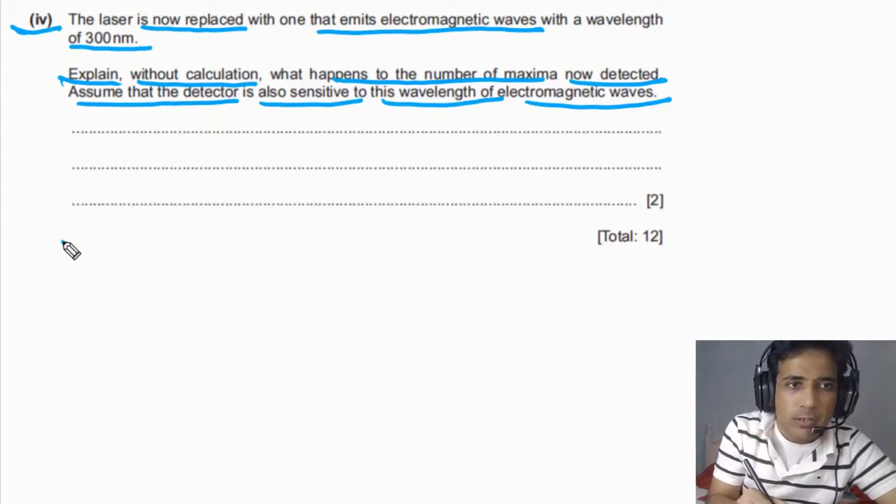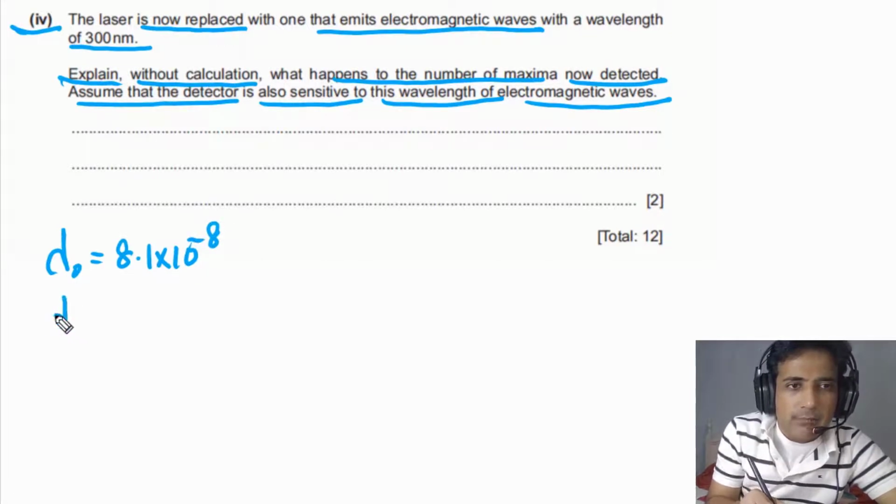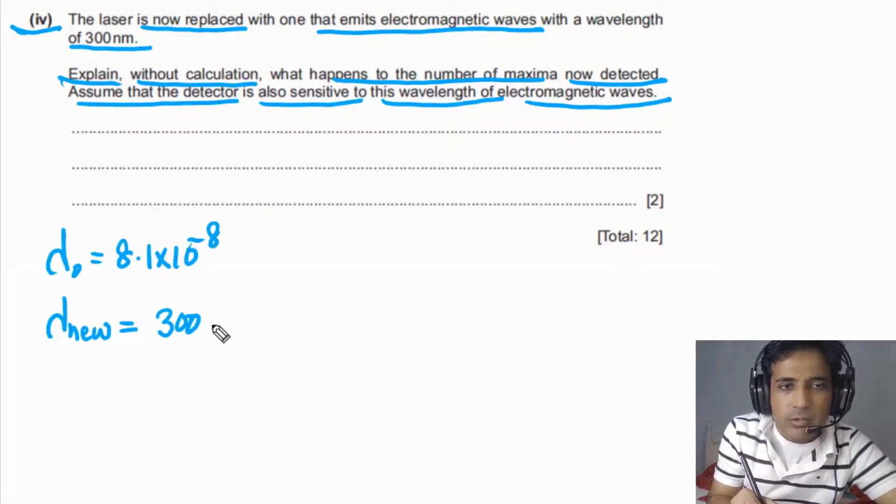So first of all, let's try to find out. We have the previous value of lambda that was equal to 8.1 times 10 to the negative 8. Now we have a new value of lambda. So simply we can write lambda new is equal to 300 times 10 to the negative 9.